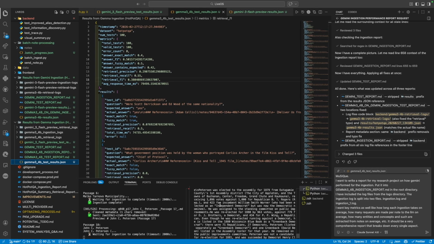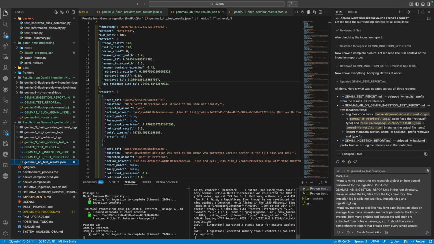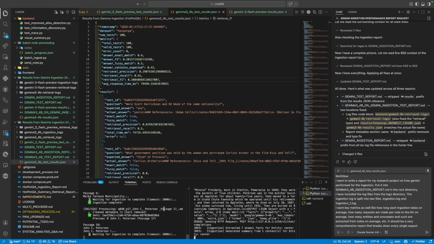Right now, as you can see over here, we are currently ingesting the music notes using Gemma 3. The first thing I want to try is to use the Gemma 3 12B model and see how that performs.